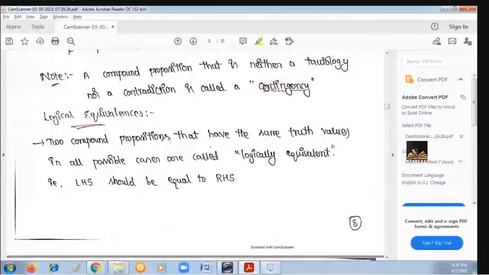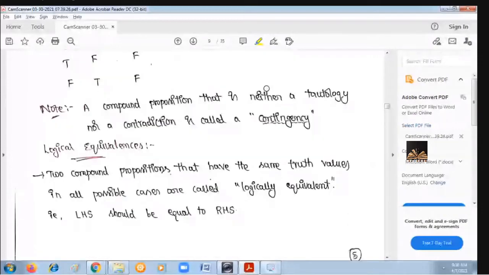Next, logical equivalences. So, whenever two given propositions are logically equivalent, using two methods, you can say that given propositions are logically equivalent. First method is using the truth table.